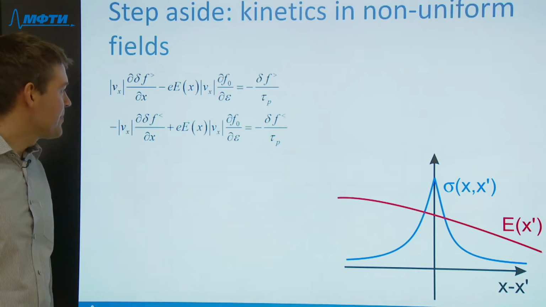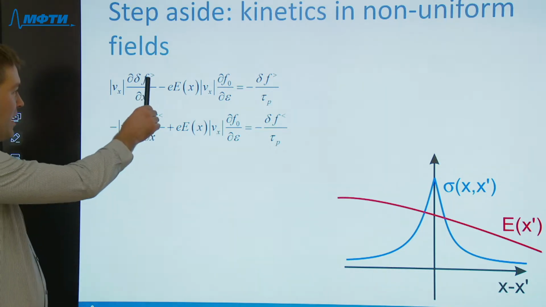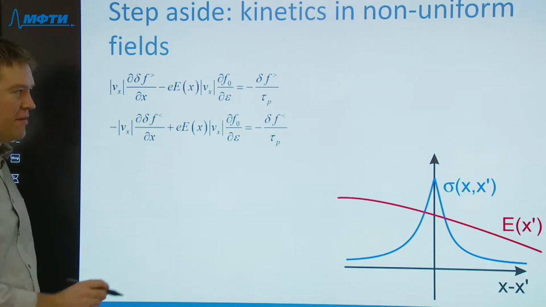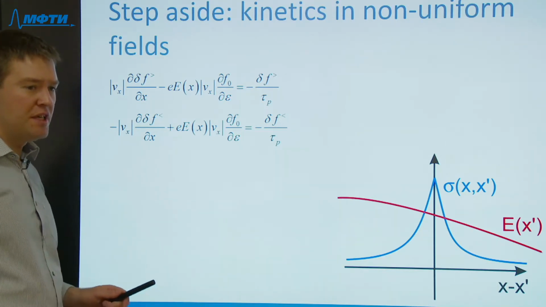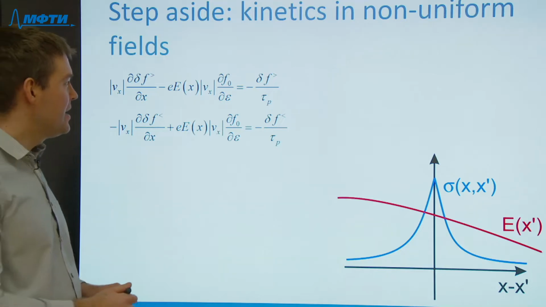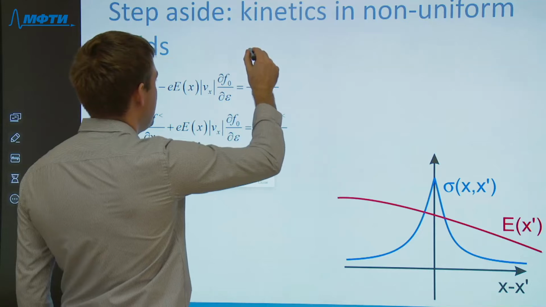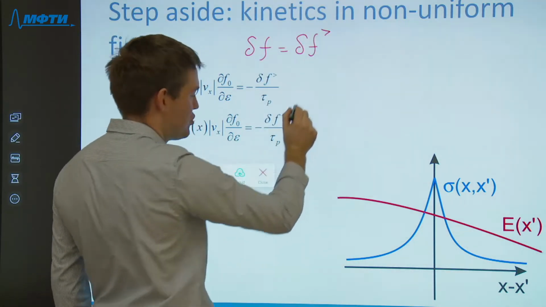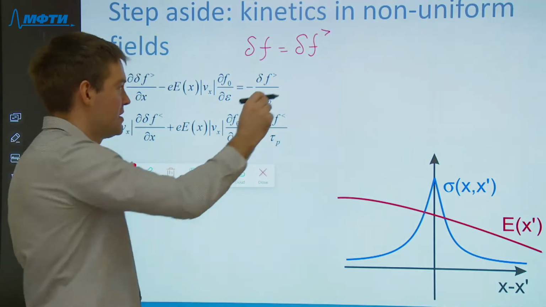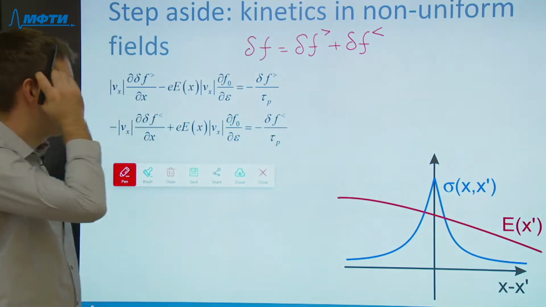To do this, we should write down the kinetic equation without neglecting the terms with spatial derivatives, and retain them exactly. The only non-trivial thing is that we should split the full distribution function into the distribution function for carriers that move from left to right, which have right-moving velocities, and the carriers that move from right to left, the so-called left-moving carriers.